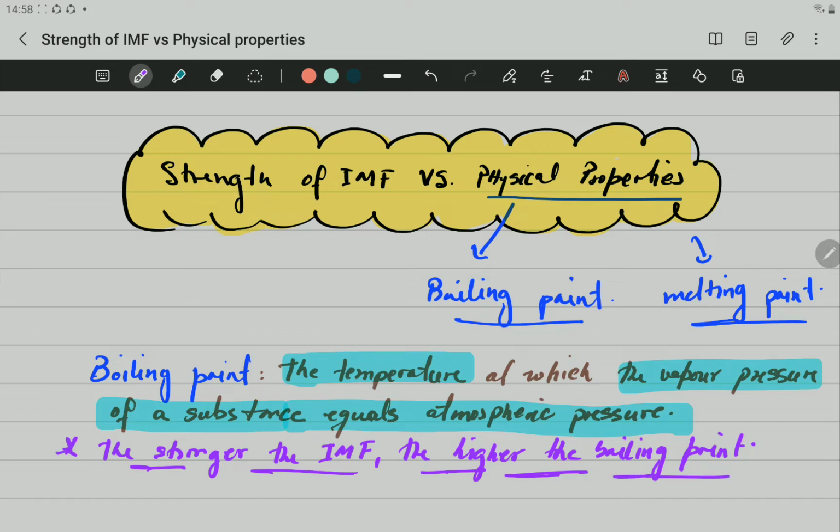So substances that have stronger intermolecular forces will have a higher boiling point. That is related to boiling point.